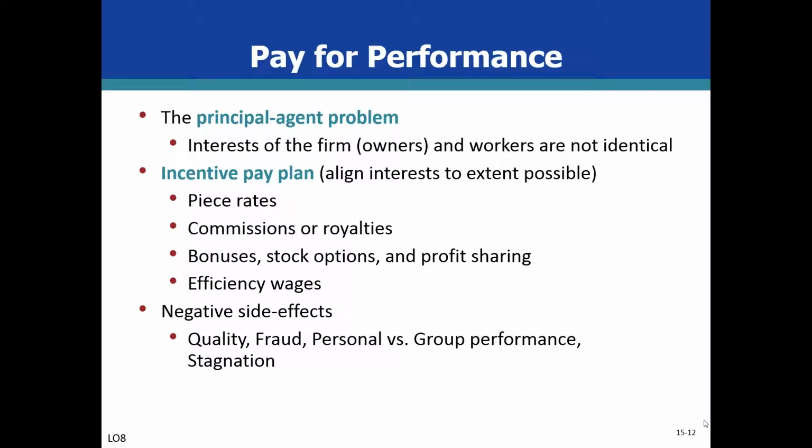A clothing worker gets paid for every shirt produced. Others include commissions and royalties to salespersons or artists. These attempt to align the interests of the principal and the worker. This way, if the owners sell more, the workers get paid a percentage of the growth.